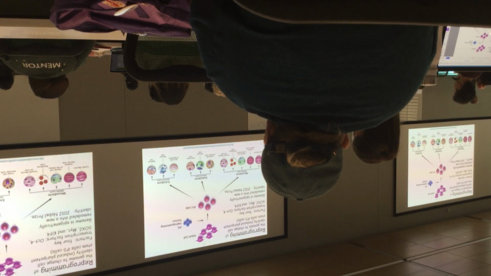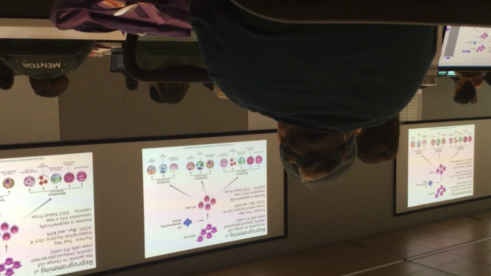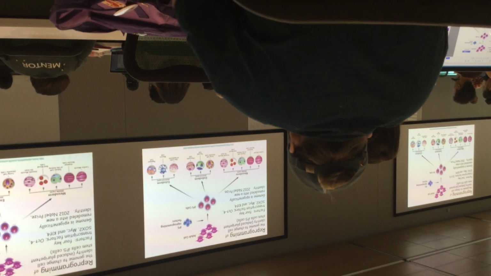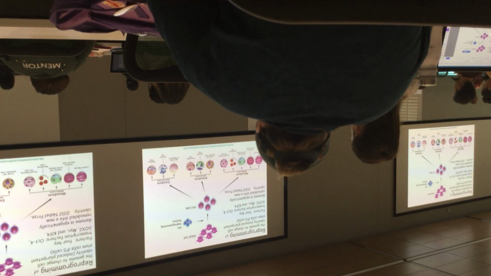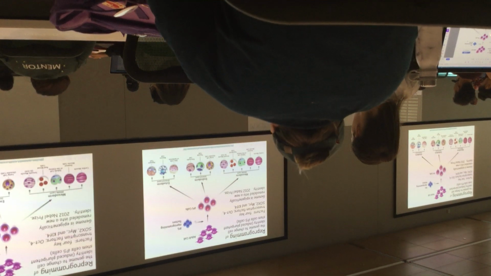So the procedure is shown from the top here. The idea is you have an adult cell that's differentiated, like one of these things, and you add these reprogramming factors, OCT4, SOX2, MYC, KLF4, and they're shown as these kind of blue things here, but they're proteins or they're genes that are expressed in the cells.